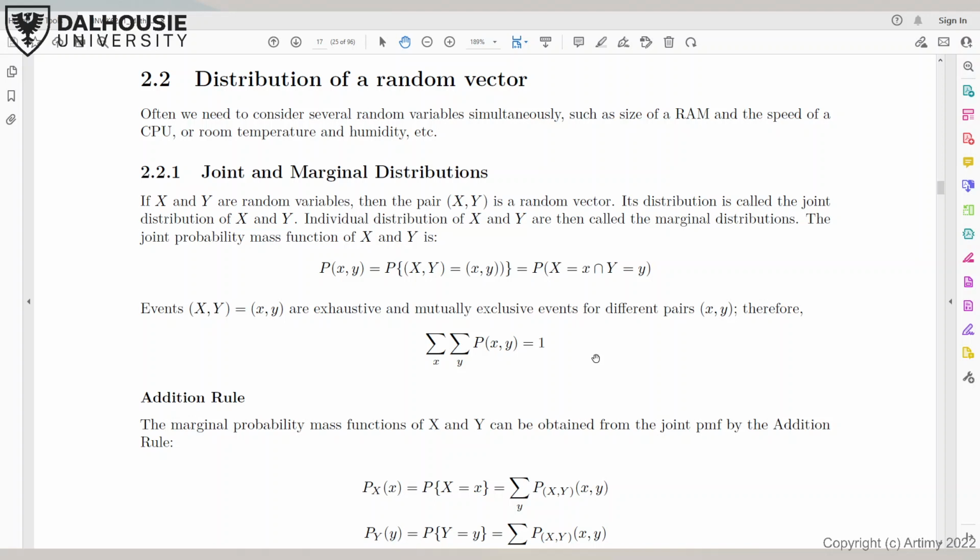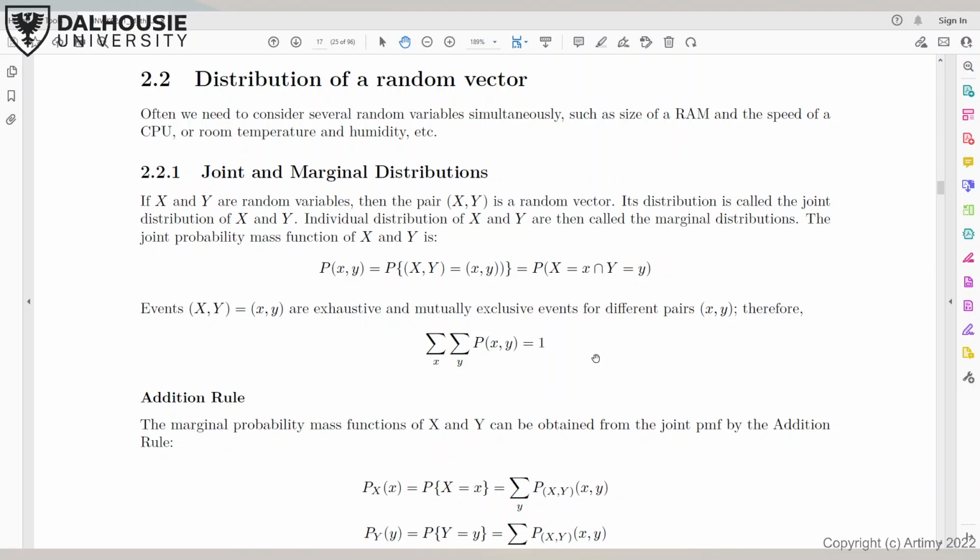So in that case, instead of one random variable, I will consider a random vector. The vector here in this example is just two variables, but in general it can be multiple variables. For this course, we'll deal with just two, right? Each one of the two random variables can be dependent or independent of the other.